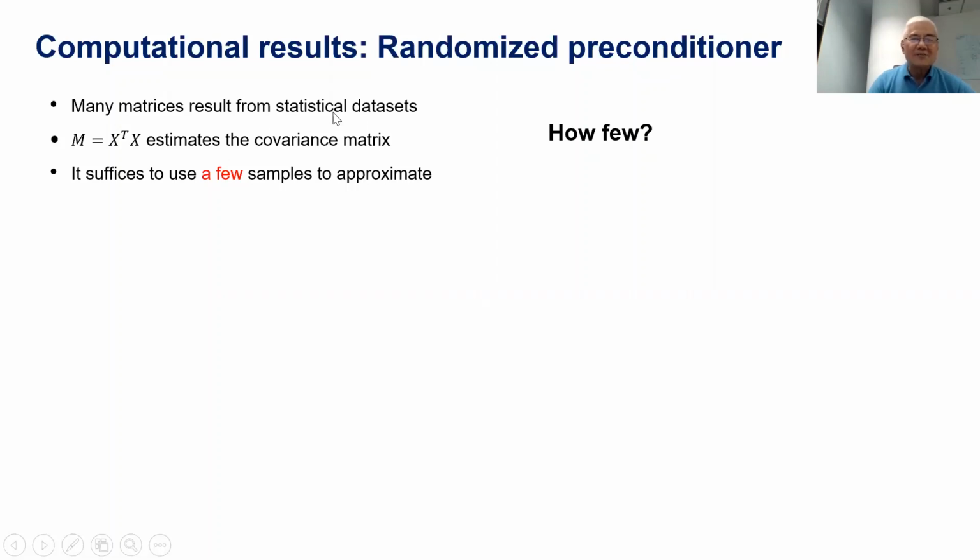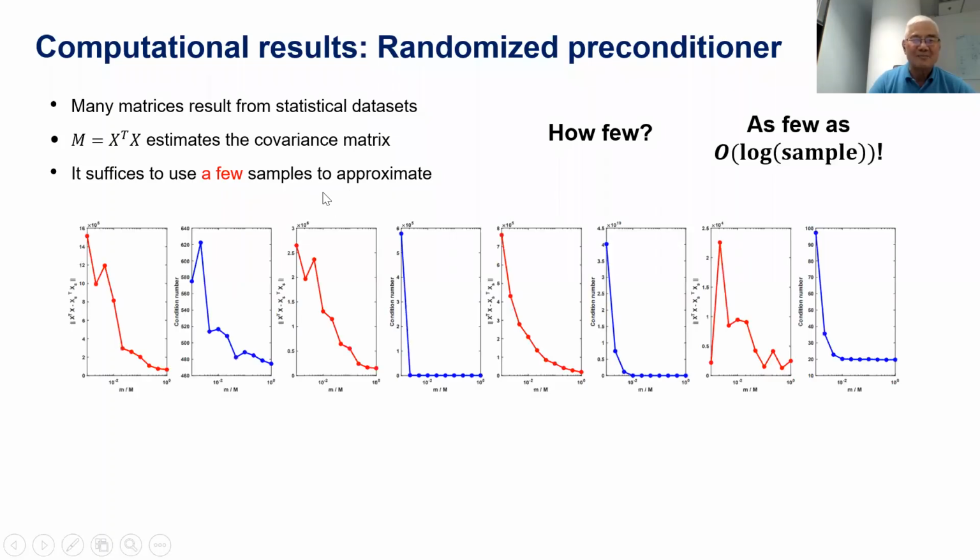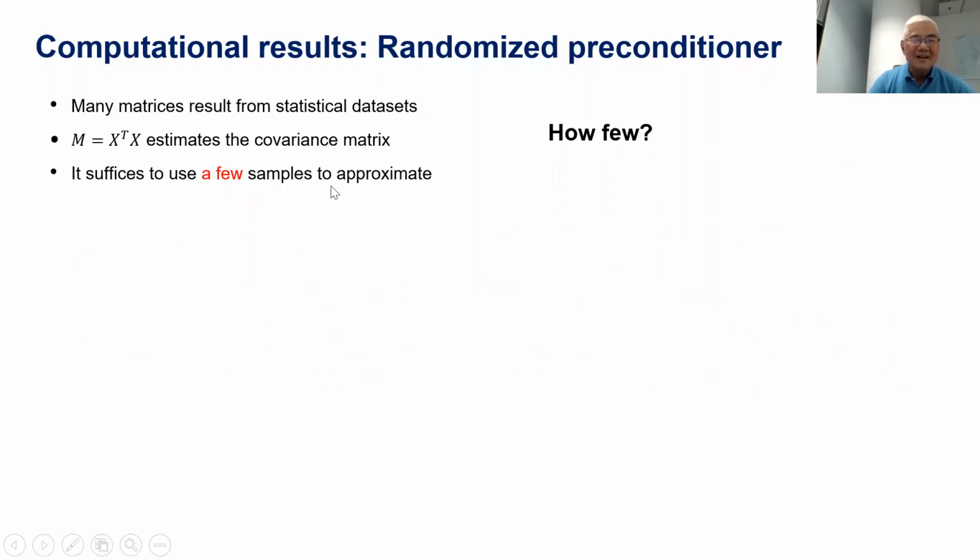For each of these matrices, we wanted to see what the optimal diagonal scaling would be, how much the condition number can be decreased and improved. We also did an experiment because most of these matrices are not high dimensional.